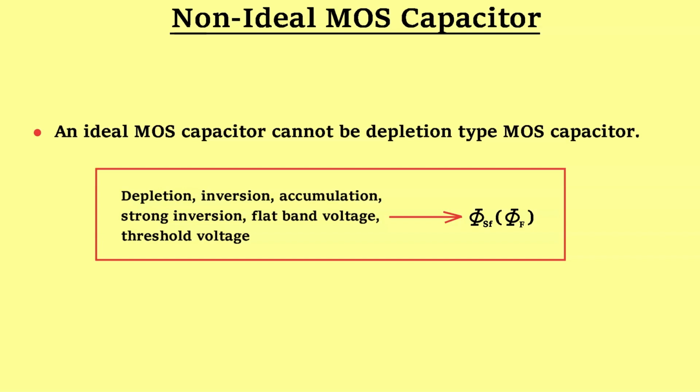The conditions remain the same for the ideal and non-ideal case. However, the corresponding gate voltage will differ for the non-ideal and ideal capacitor. The conditions for the range of different regions also differ depending upon the type of substrate used in the MOS capacitor.